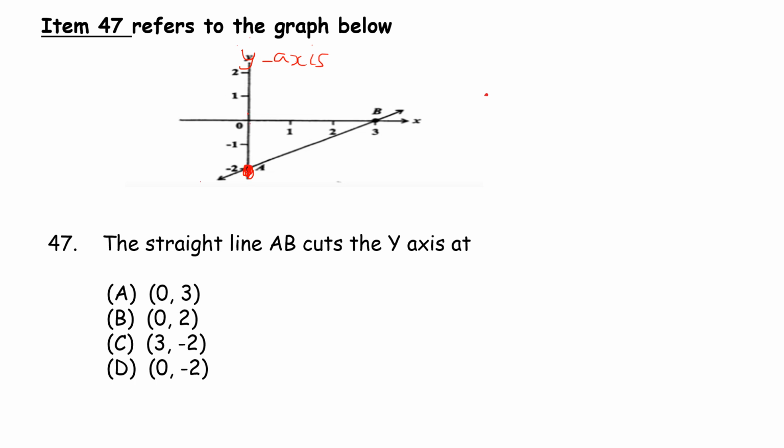We read x as 0, and y is at -2. Be careful how you read the coordinates. So it cuts the y-axis at the coordinate (0, -2). So the answer is D.